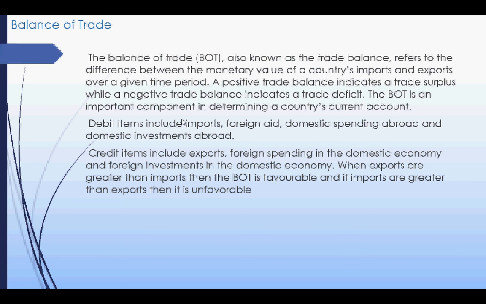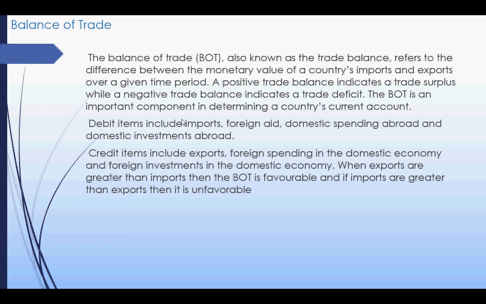The BOT is an important component in determining the country's current account. Debit items include imports, foreign aid, domestic spending abroad, and domestic investment abroad. All these things come under the debit side in the BOT.